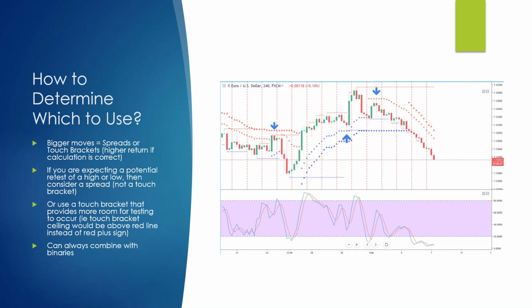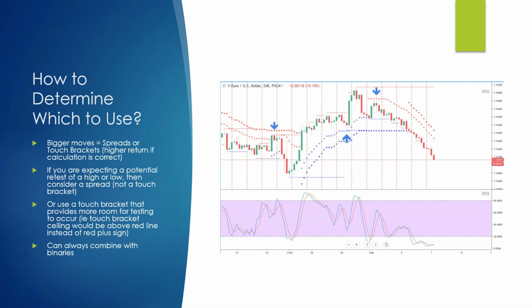Now, if I'm expecting a potential retest of a high or low, then depending on whether there's enough room there and I do measure it, then I'm going to use a spread, not a touch bracket, but a spread. Why? Because of the if touched.